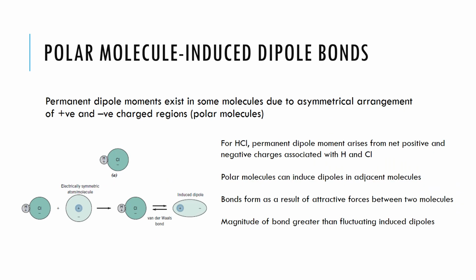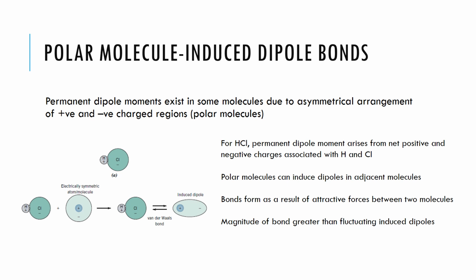We can also have polar molecule-induced dipole bonds. So again, I'm talking about molecules here, not atoms. A good example of this kind of molecule is HCl, or hydrochloric acid. And it happens in molecules where a permanent dipole moment exists. So in some molecules, because there is an asymmetrical arrangement of positive and negative charged regions, it causes polarity. So look at hydrochloric acid here.